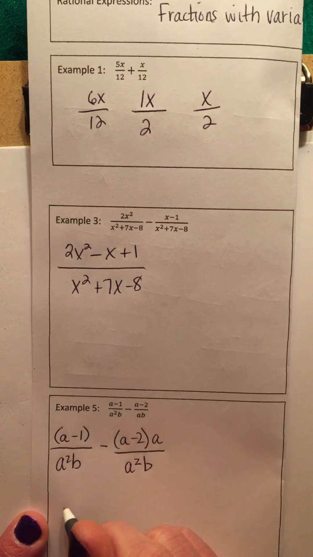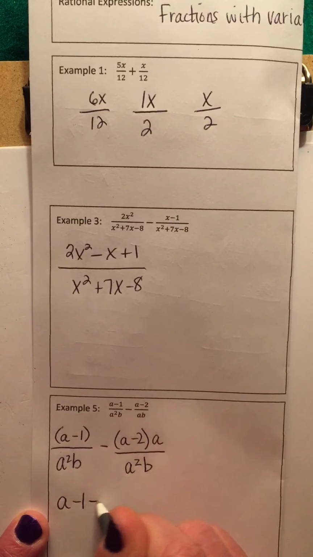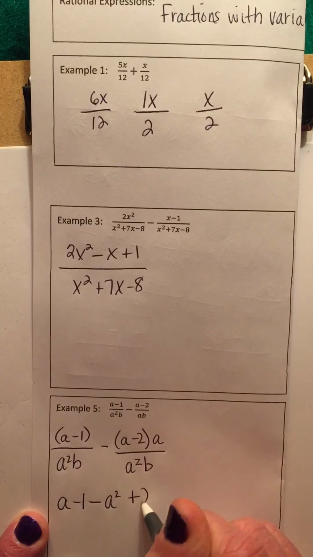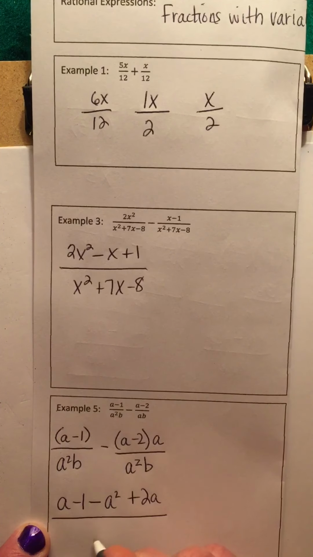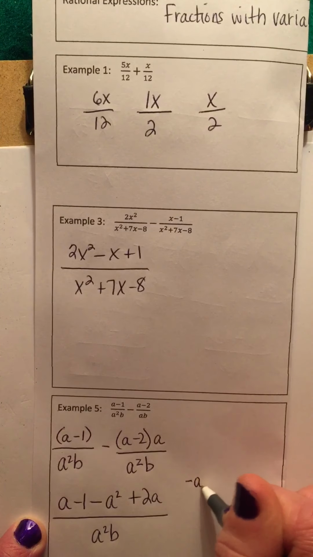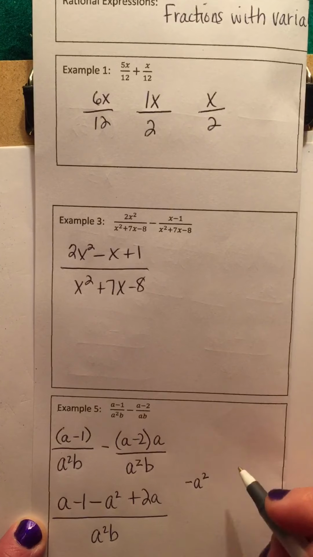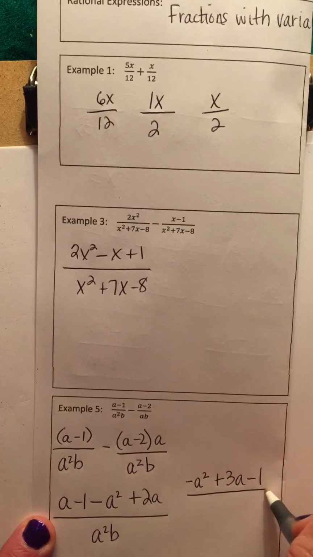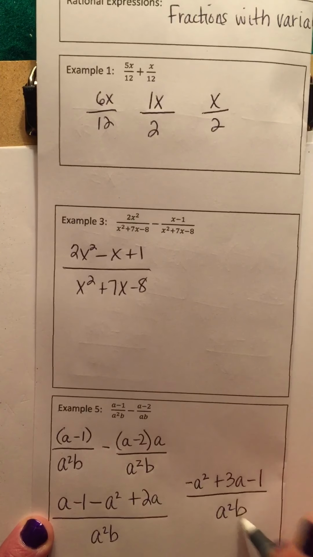Multiplying the numerators, we're going to have a minus 1 minus a squared plus 2a, all divided by a squared b. Rewriting, so our a squared term is first, it's negative a squared plus 3a minus 1 divided by a squared b.